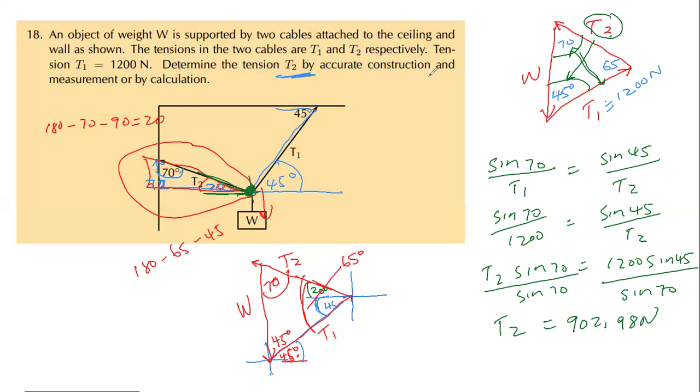Okay, if there are no questions, I'll give you 2 minutes to find the weight. Remember the weight we're just given to be W. So please find out how much is the weight and let us know on the chat. So you use sine rule again. So you use sine rule to get weight, the same way I use sine rule to get T2. So even you, it's your classwork. Do it now. Then when you are done, we'll do the correction.